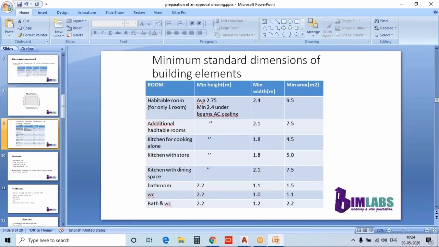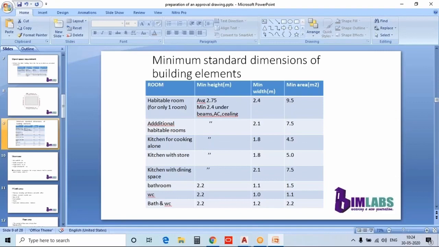That is, a minimum of 2.2 meter height should be provided for bathrooms, water closets, or both bathrooms and water closets. And for bathrooms, the minimum width should be 1.1 meter and the minimum area should be 1.5 meters square. For water closets, the minimum width should be 1 meter, and the minimum area should be 1.1 meters square.